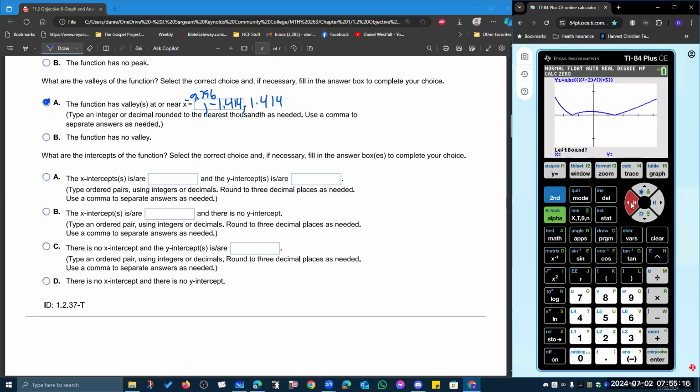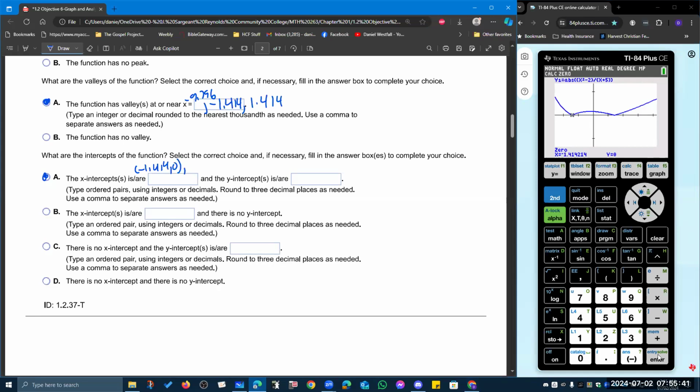I think there's an x-intercept that is somewhere in there. That's it. Negative 1.4140.